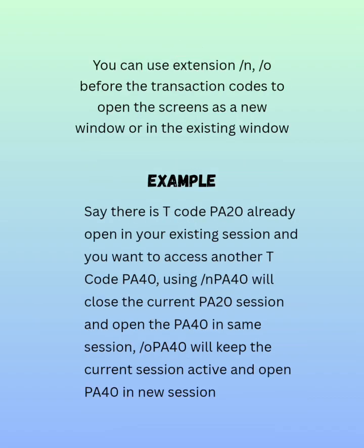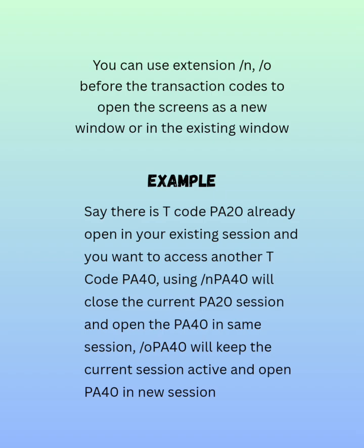Moving on, while accessing T-codes through the SAP menu, you can use /n before the T-code for closing the existing session and opening a new session, or /o to maintain the current existing session as is and open another new session.